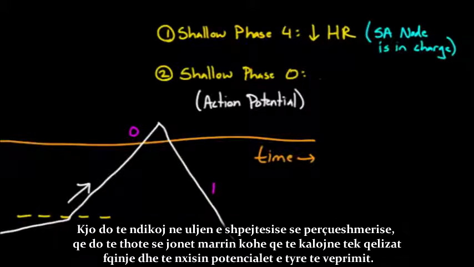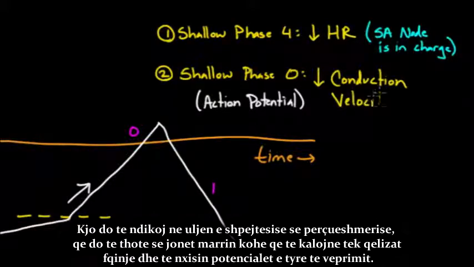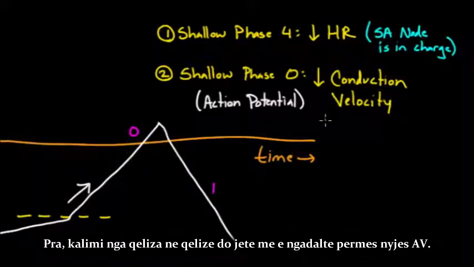So the effect of this is a low conduction velocity, meaning that ions are taking a while to get over to neighboring cells and trigger their action potentials. So going from cell to cell to cell, it's going to be sluggish through that AV node.